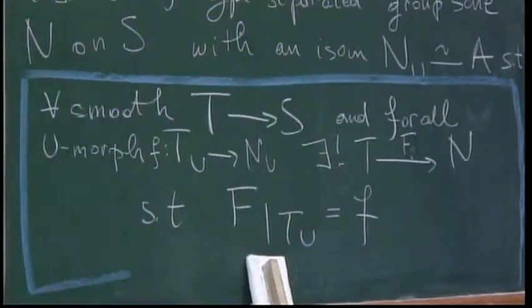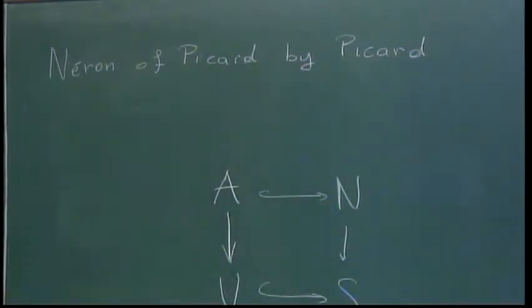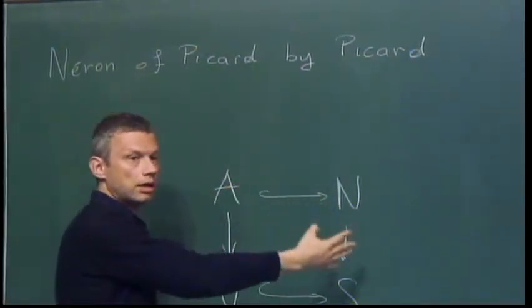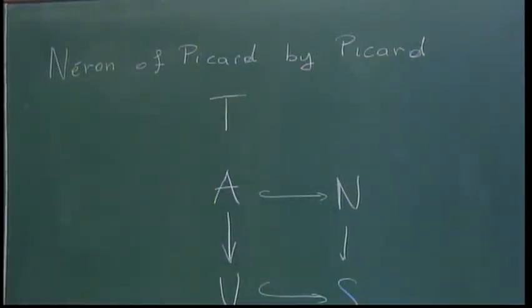Let's draw a picture to see if this gets clearer. I started with A, and it was here on U. I asked the same question as before, whether there exists some model of A extending A across S. But this time, I impose the following condition.